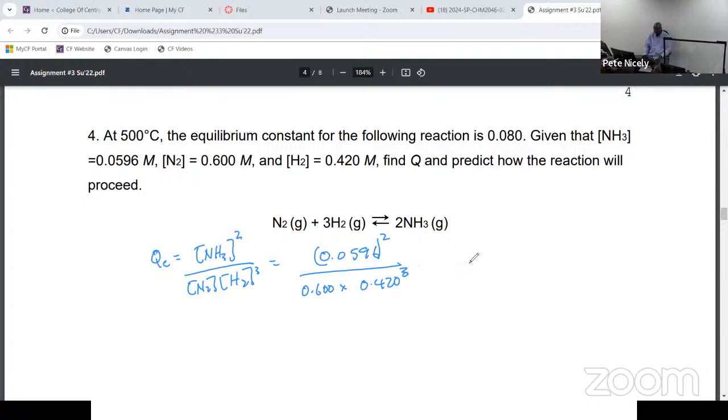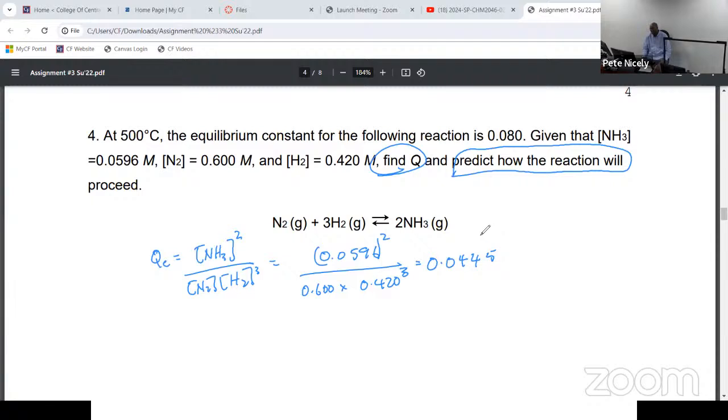Okay, so according to my calculations, this works out to be equal to 0.0445. Okay, so we have found Q, but the next question is predict how the reaction will proceed.